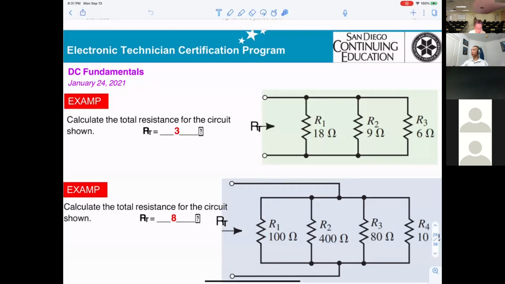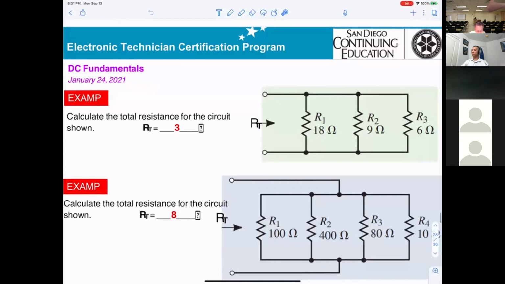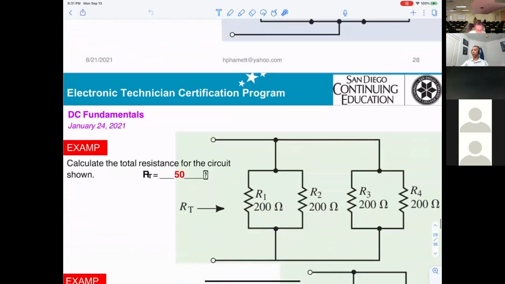I already gave you the example and the answer. If you try to do it and get the same answer, it means you're doing it right.